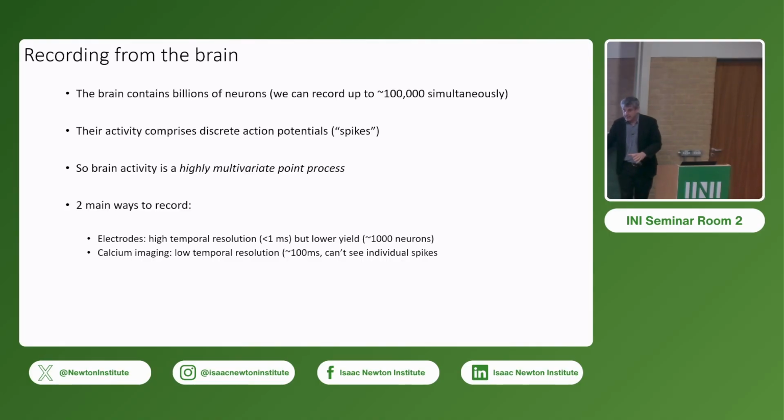It's ridiculously slow compared to a computer. So 1 millisecond time resolution is about all you ever need for determining the times of these action potentials, or spikes as we call them. But with electrodes, you get that time resolution, but you only get around 1,000 neurons tops. Calcium imaging has a lower temporal resolution, around 100 milliseconds, but you can't see the individual action potentials. You just get an average of all of them, a filtered version.